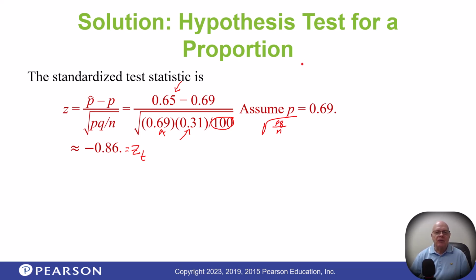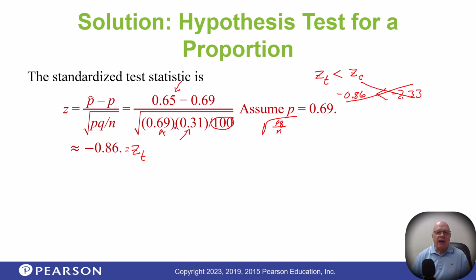Now, what did we say before this? Is our test statistic less than our critical value? Our test statistic is negative 0.86. Is it less than the negative 2.33 that we found for our critical value? No, that's not true.